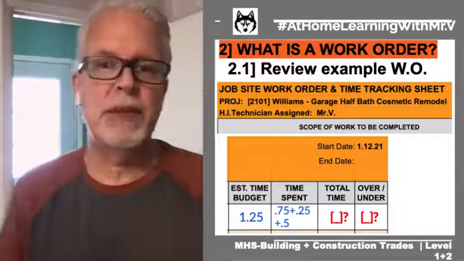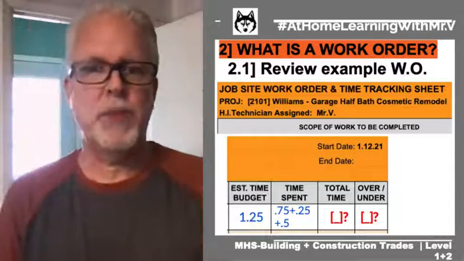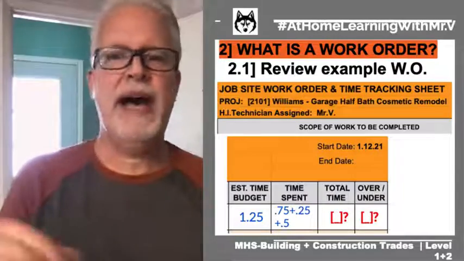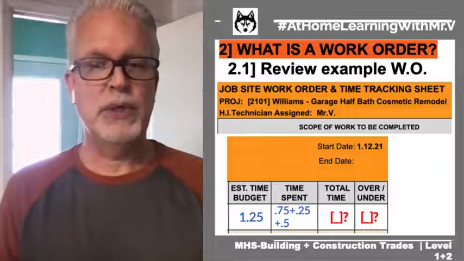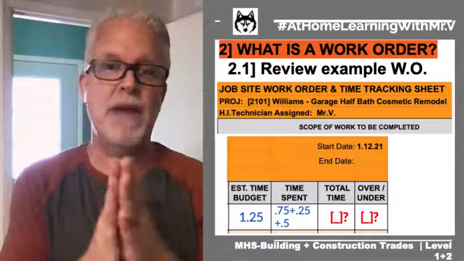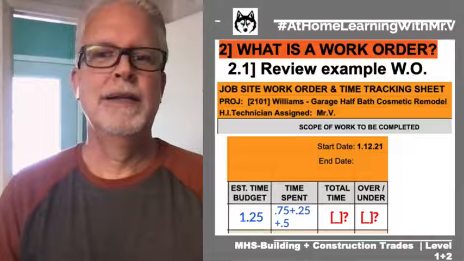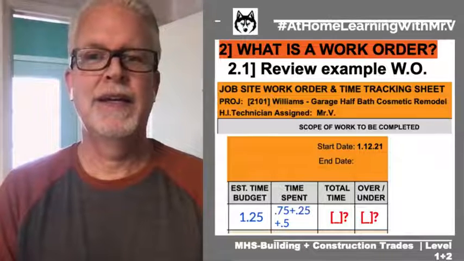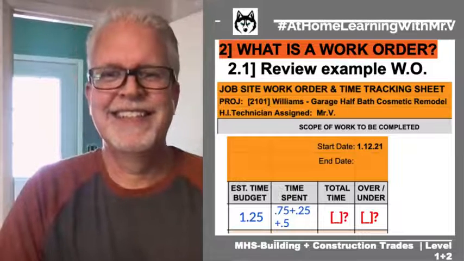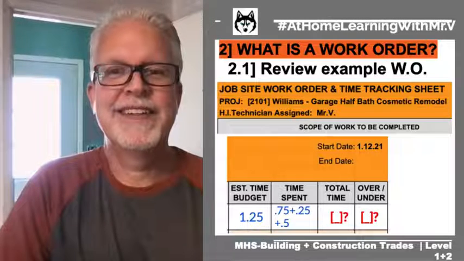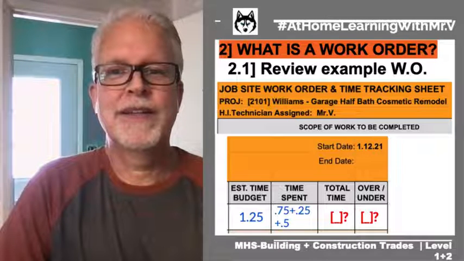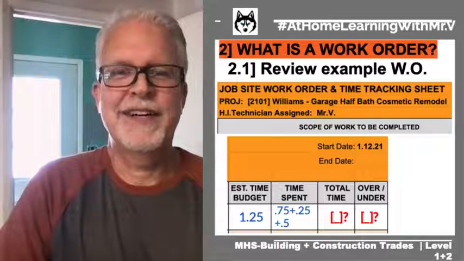So if you're looking at the blue text there, you can see it says 0.75 plus 0.25 plus 0.5. Let's see if we do this right. Question is, how much time have I spent on that one task, Raul? Can you add that up in your head? Are you adding it up, Raul?